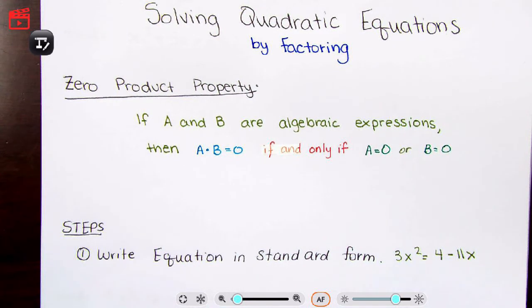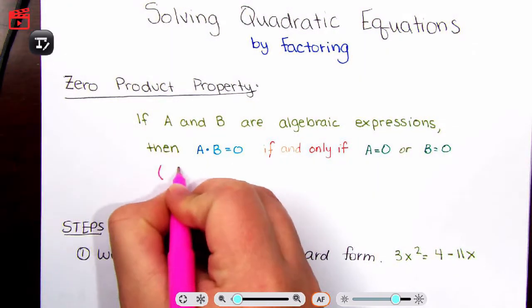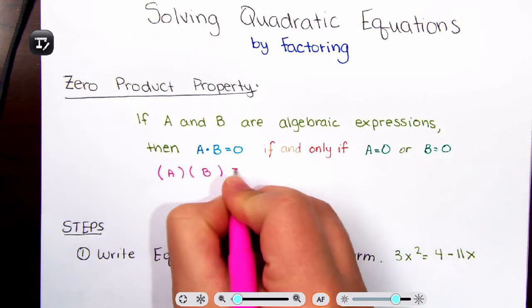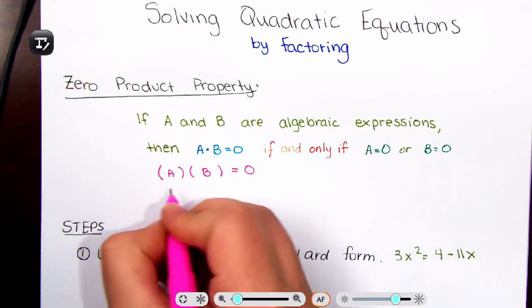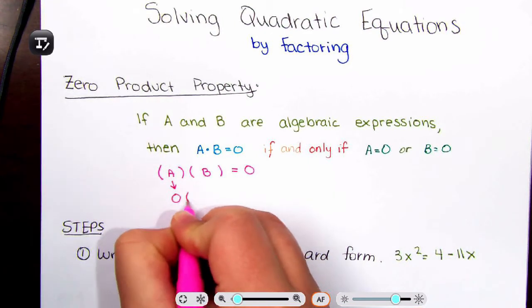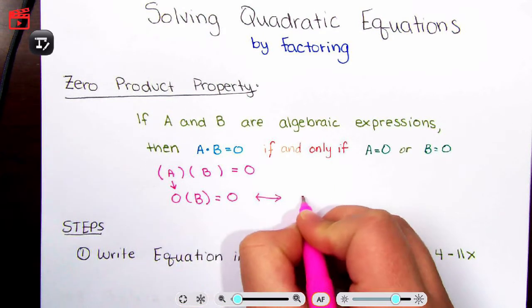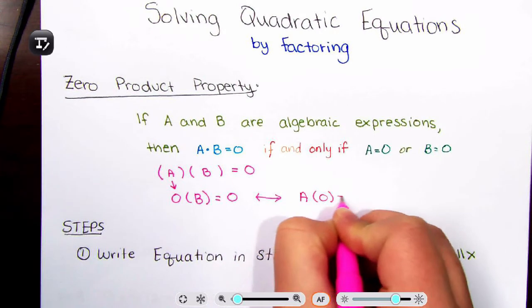If A and B are algebraic expressions, then A times B equals 0 if and only if A is 0 or B is 0. What this means is, if you have A times B and you need an answer of 0, this only happens if A is 0, because anything times 0 is 0, or if B equals 0.